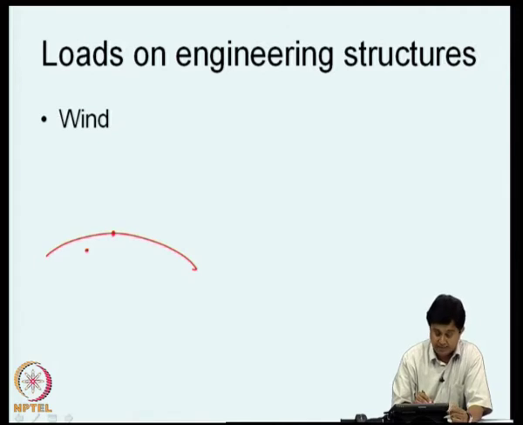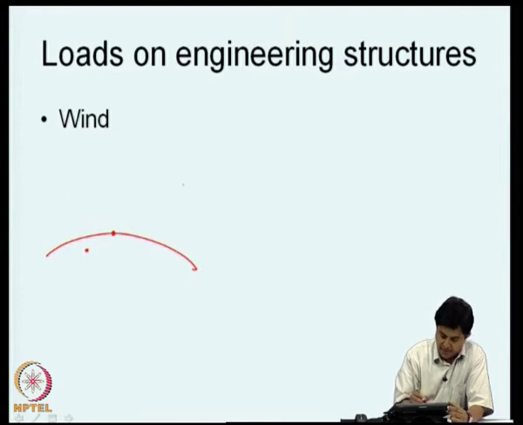undergoes time dependent displacements, and associated with that displacement there will be an acceleration. So, at any point on the surface of the structure there is an acceleration, and as you know, acceleration is a vector which can be resolved into 3 components.